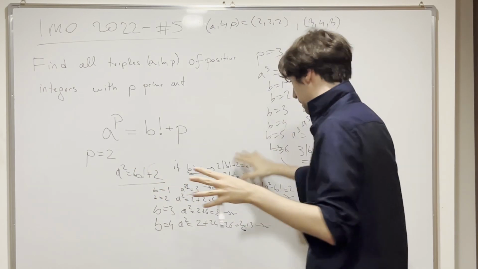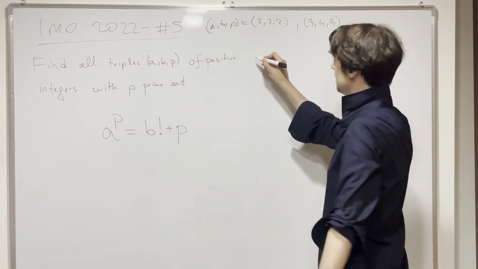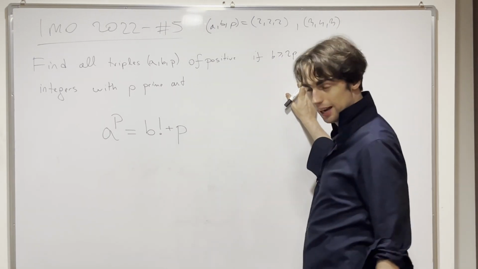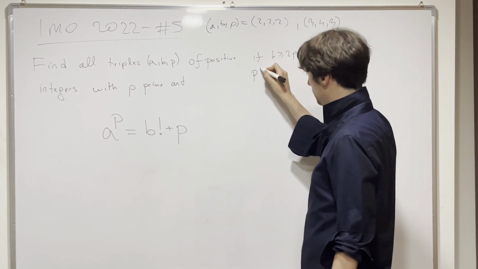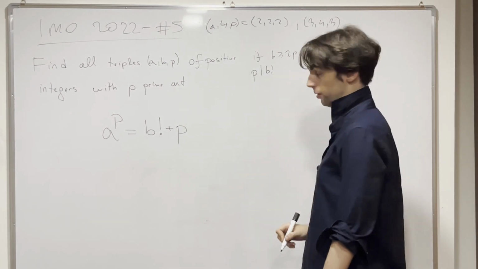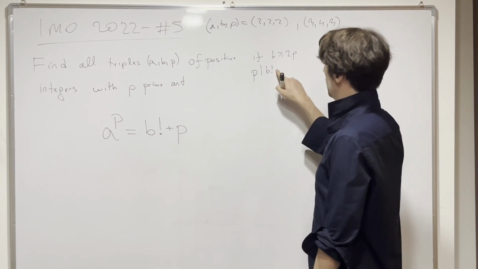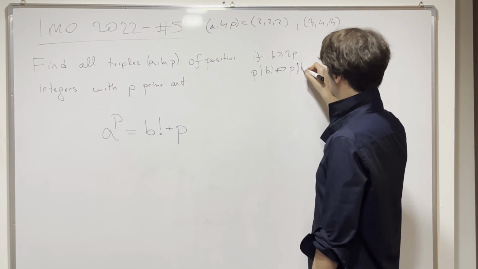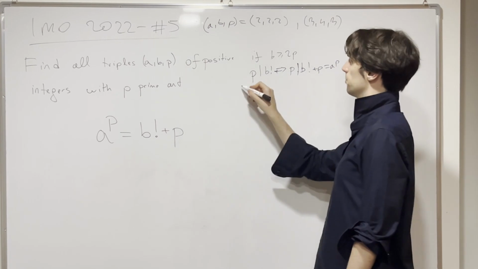And now that I clear this up, the answer is, if b is greater than or equal to 2p, then what do we have? Well, we have that p divides b factorial. And then p divides b factorial plus p, which is a to the power of p.